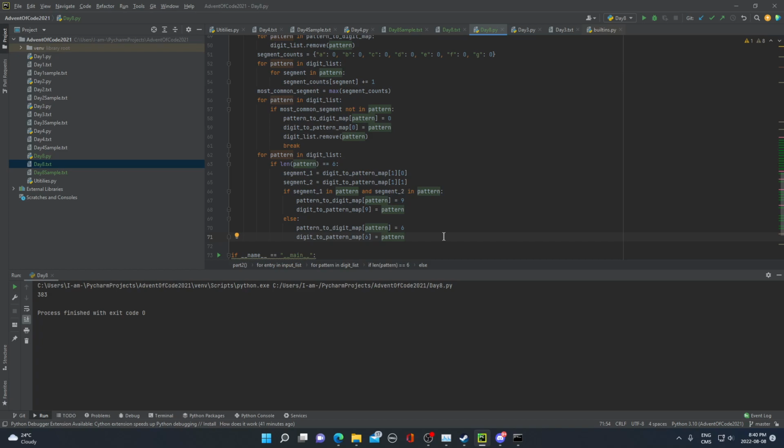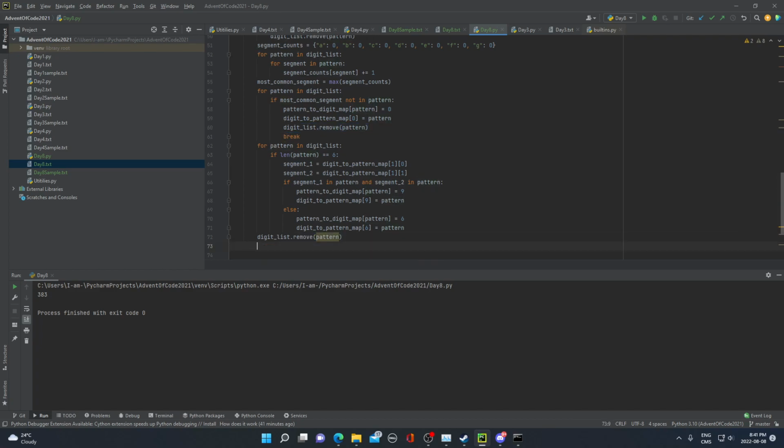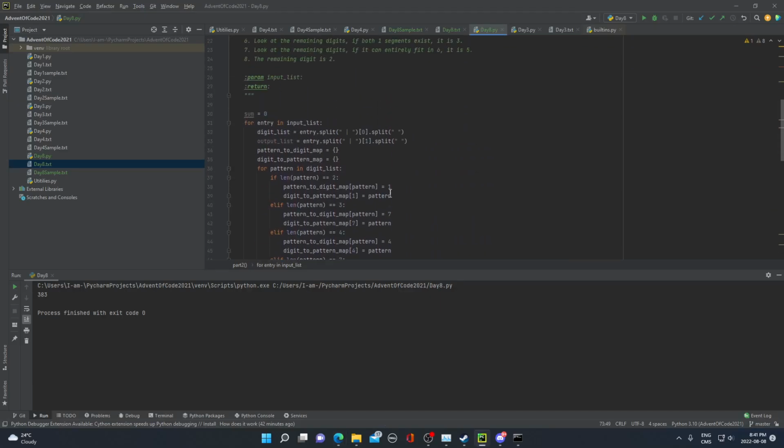But we will bank on that not happening. After that, we're going to remove this and that. So we're stuck with 3 left.